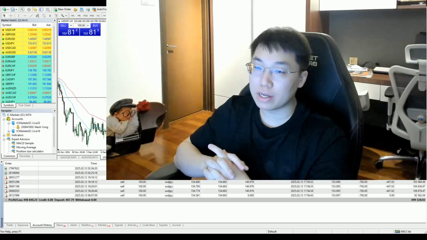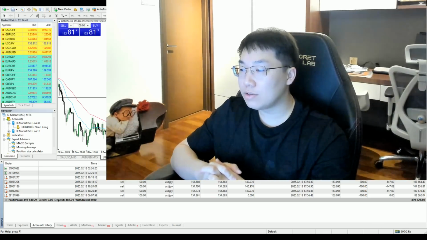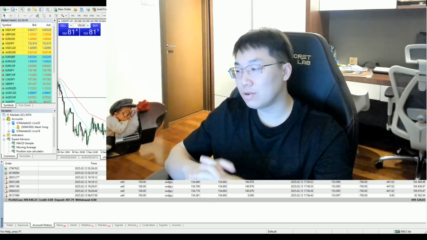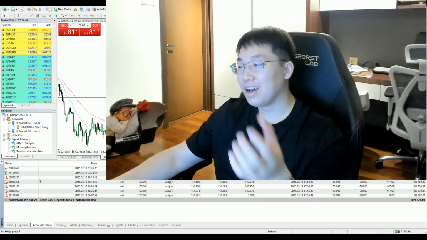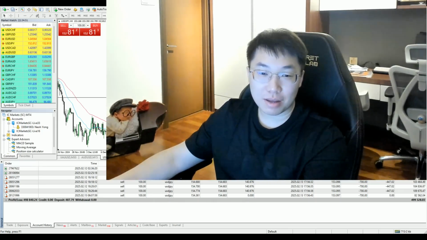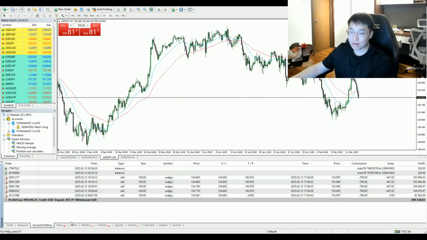Shorts on dollar yen made about $499,000. So a bit of OCD here. 499k. If you look at my MT4, you can actually see my daily PNL, 498 to be actual.